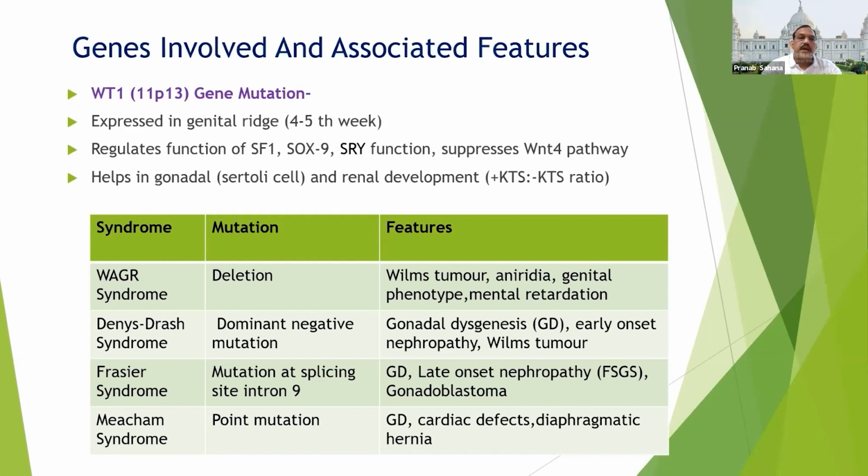Therefore, a mutation of this gene leads to several syndromic disorders like WAGR syndrome, Wilms tumor, aniridia, genital anomaly and mental retardation. Denys-Drash syndrome, in which there can be early onset nephropathy. Frasier syndrome, there can be late onset nephropathy of FSGS. And Meacham syndrome, where there can be cardiac defects or diaphragmatic hernia.